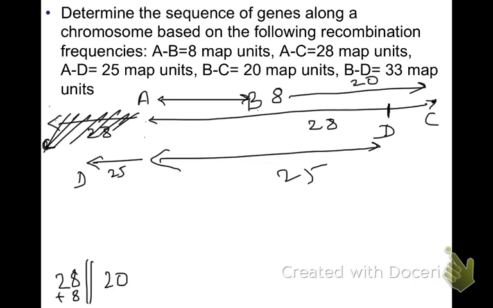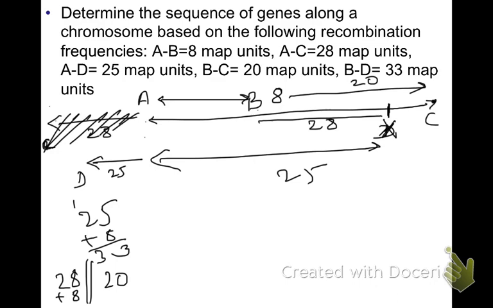So okay, now B to D is 33. So B to D, if it is 33, it cannot be here. So this is not the place. It has to be on this side. And then it falls in place wherein this 25 plus this 8 gives me 33.